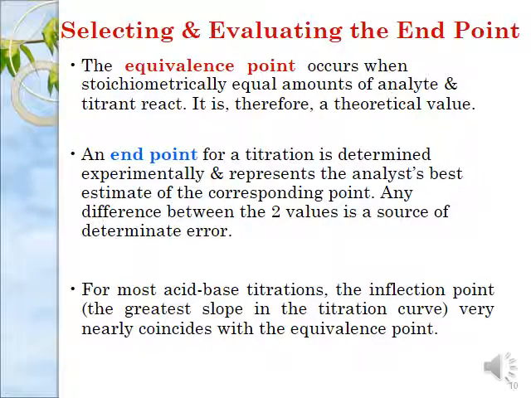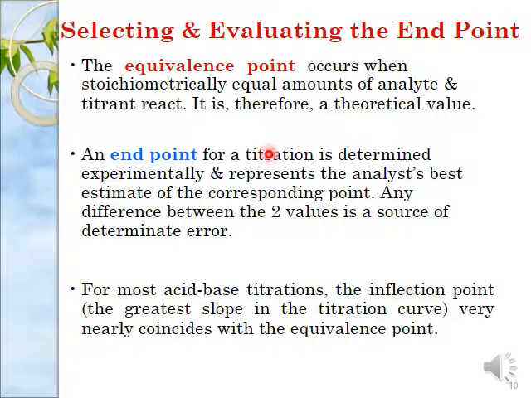Next we look at evaluating and selecting the endpoint of a titration procedure. The equivalence point, theoretically, occurs when a stoichiometrically equal amount of analyte and titrant react, so M1V1 equals M2V2. However, the endpoint is determined experimentally, so we do the experiment, and normally it exceeds the theoretical value.